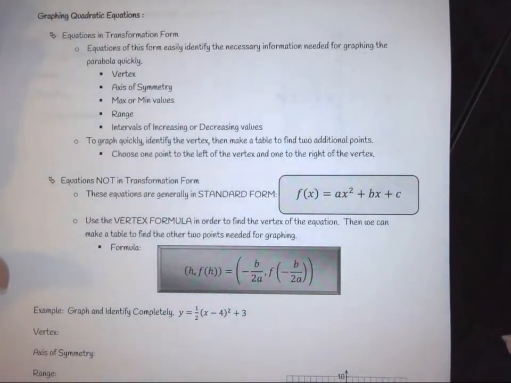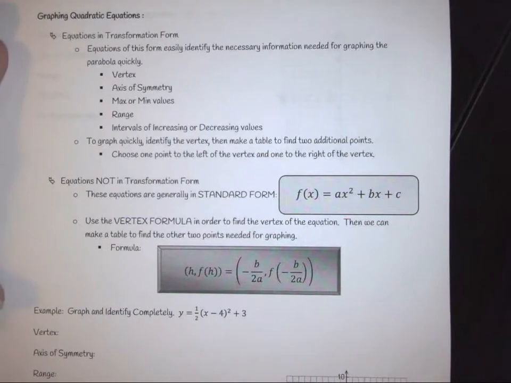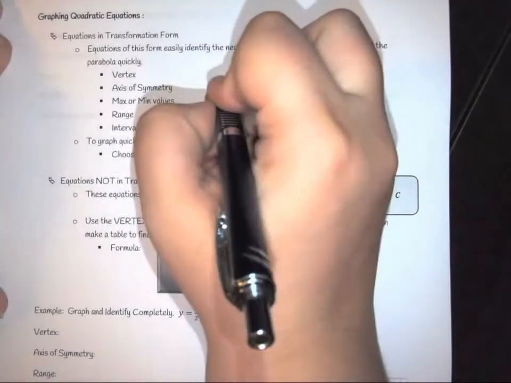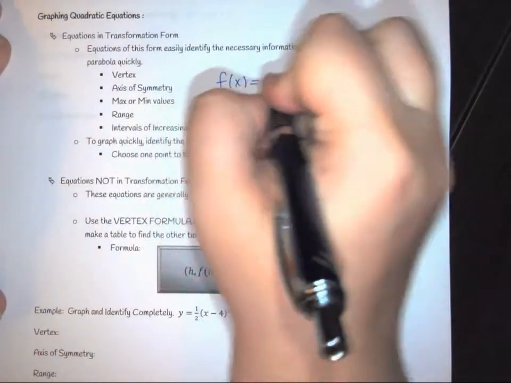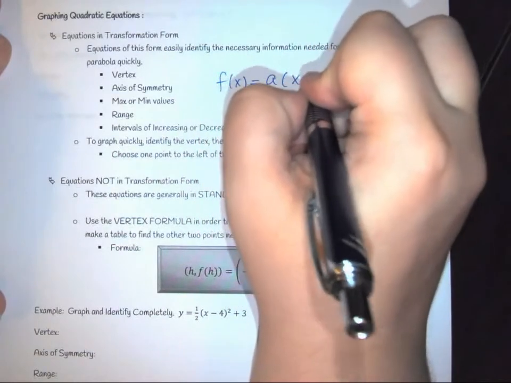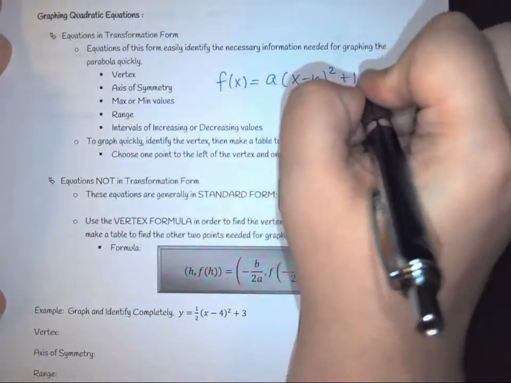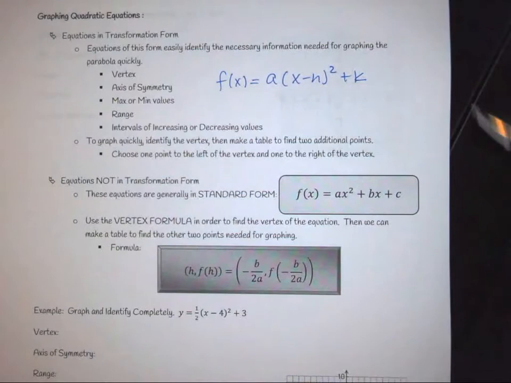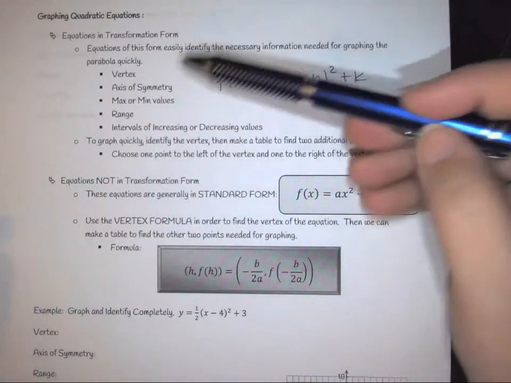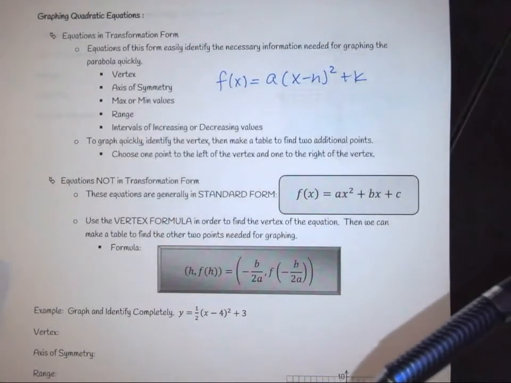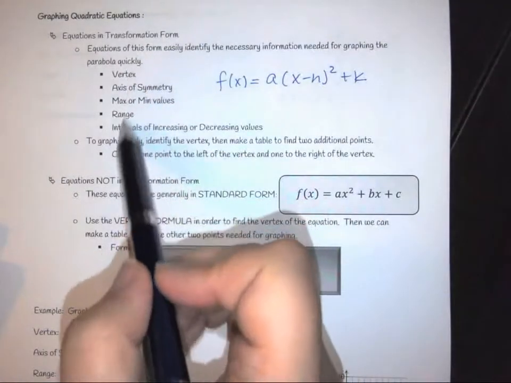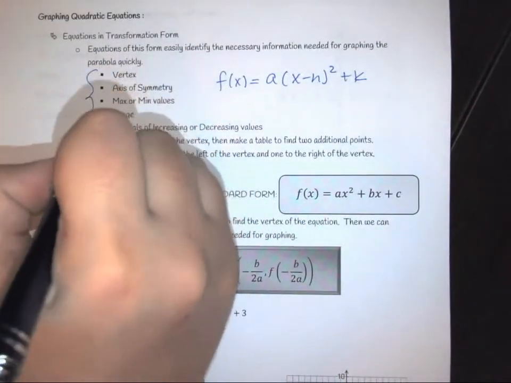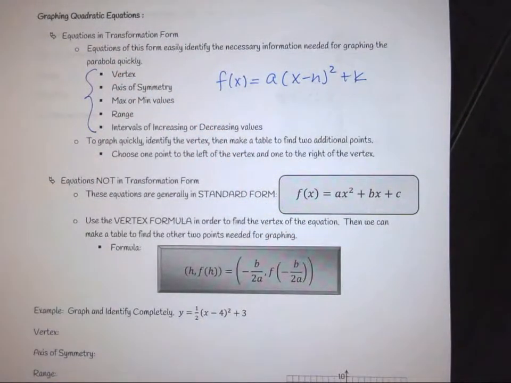With graphing, again, remember you're going to see your equations in two forms. The first form is that transformation form. So remember, that is f of x equals a times (x minus h) squared plus k. And from this form, again, you can pick out all of this information without having to graph it. And this right here, this is the important information that you have to analyze each time you do a problem.